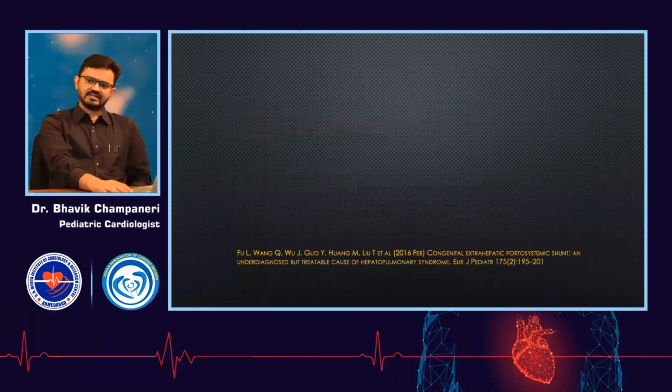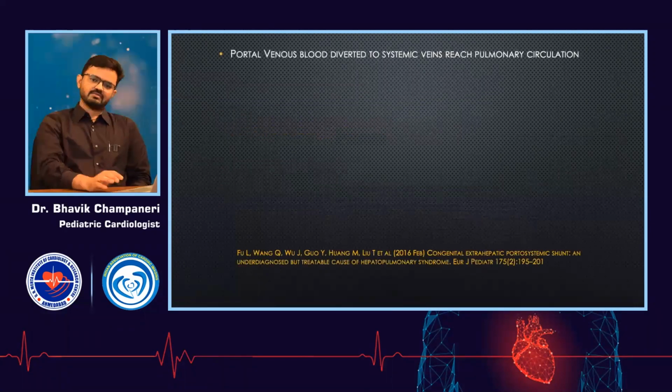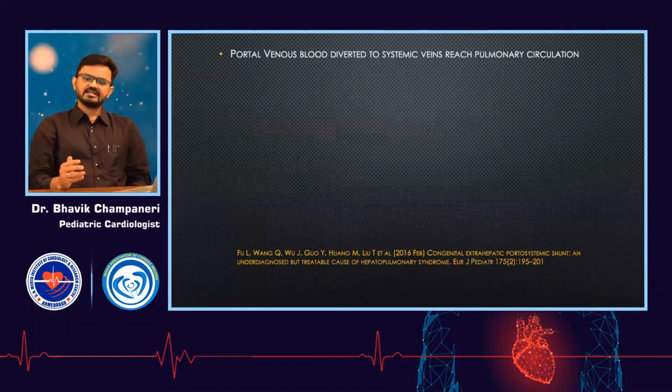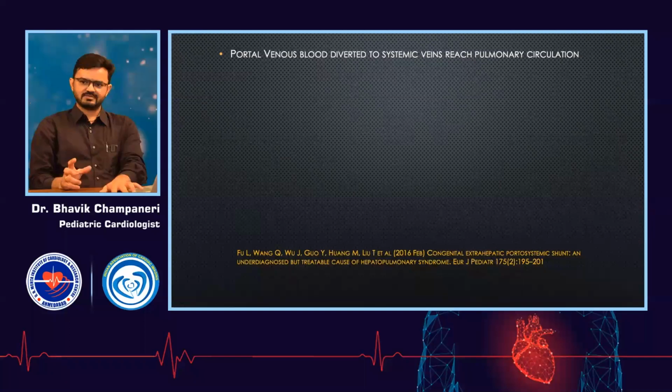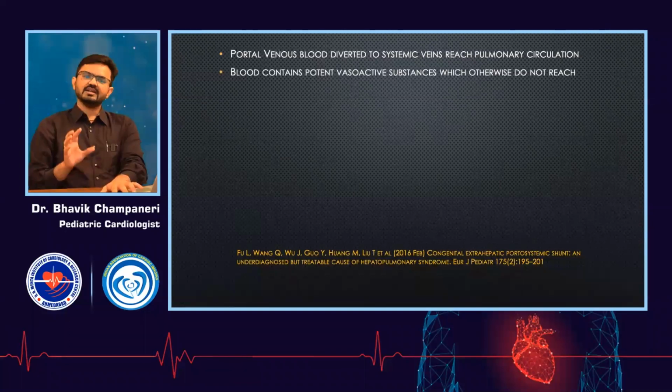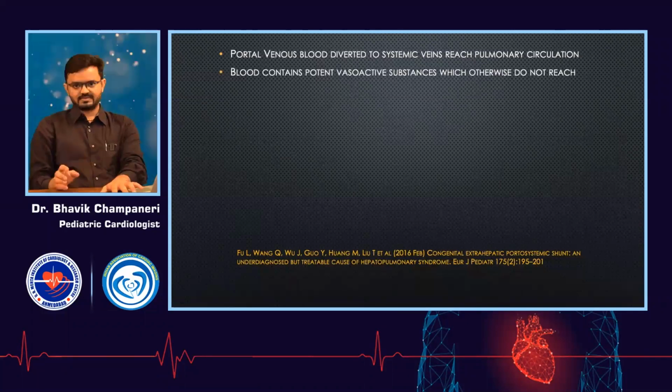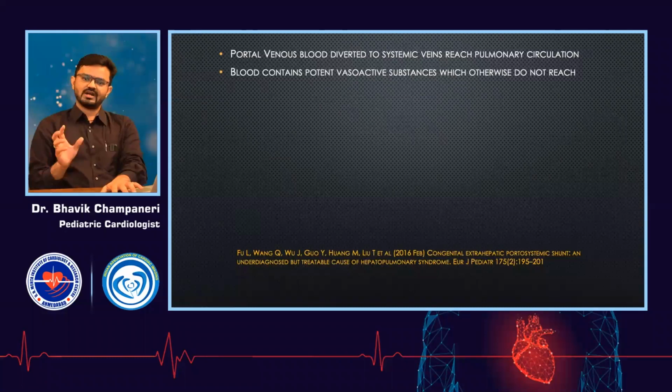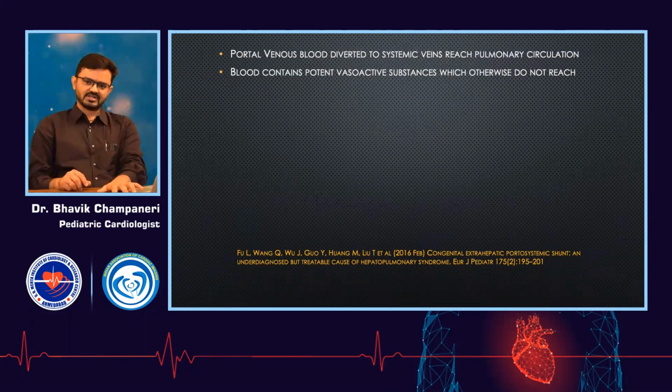Coming to the next symptoms, portal venous blood is diverted to the systemic vein and eventually reaches the pulmonary circulation. This portal venous blood reaching the pulmonary circulation is rich in vasoactive substances which are not supposed to go into the pulmonary circulation.